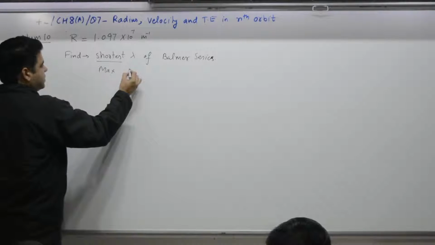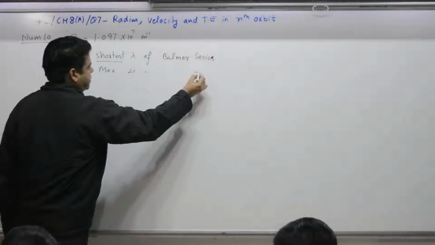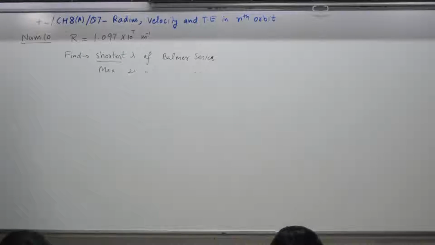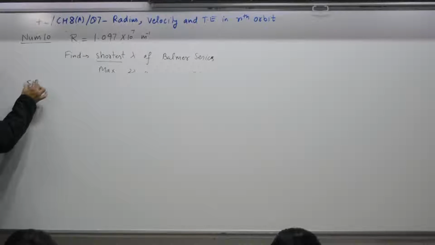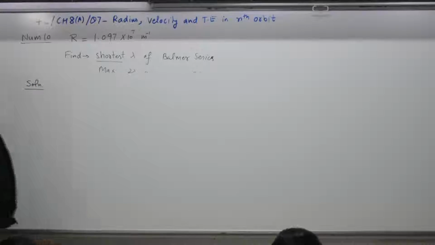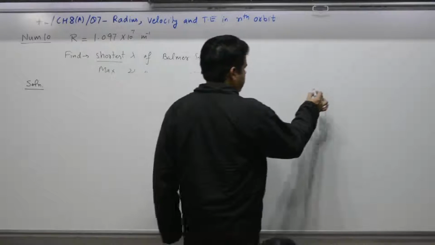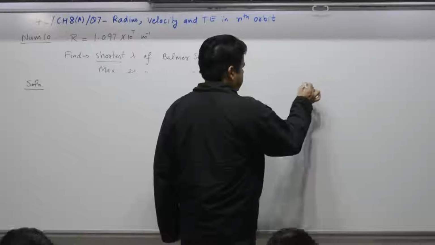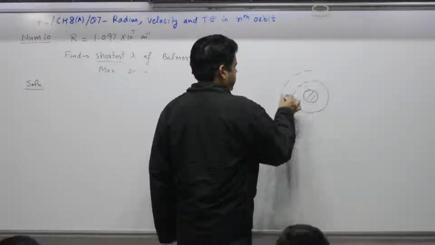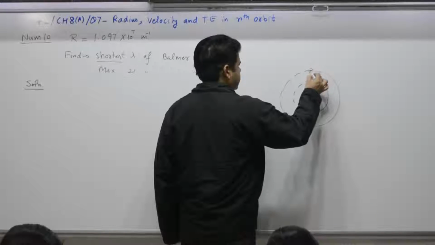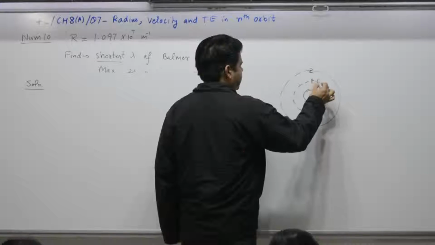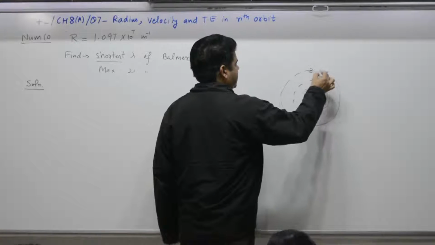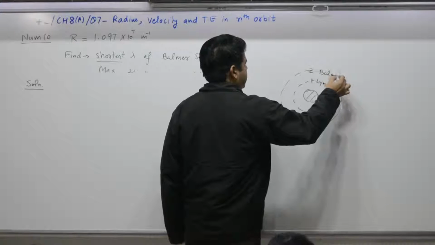Maximum frequency of a Balmer series. First one is what? Lyman series. Second is, yes, Balmer series. Corresponding to 1 you have Lyman series. Corresponding to 2 you have a Balmer series.